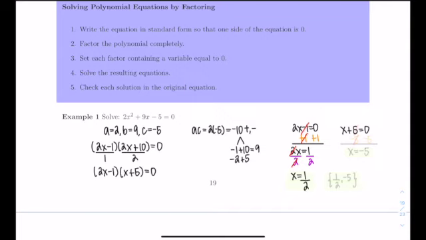And then we want to use the other equation and solve for x. So we are going to subtract 5 from both sides. So we end up getting x equals -5.